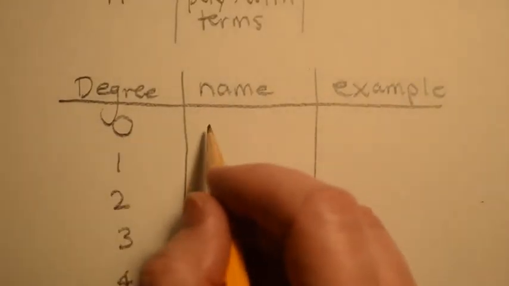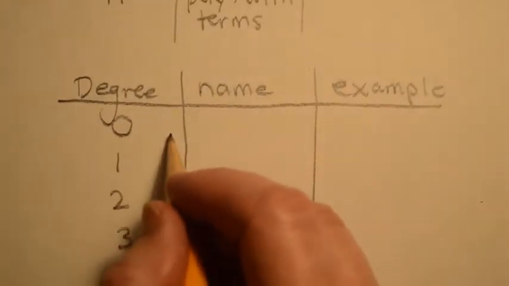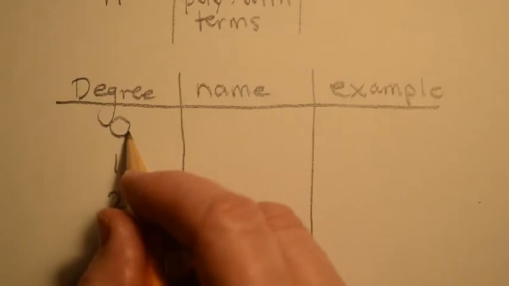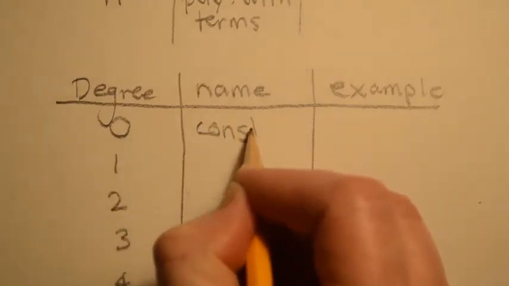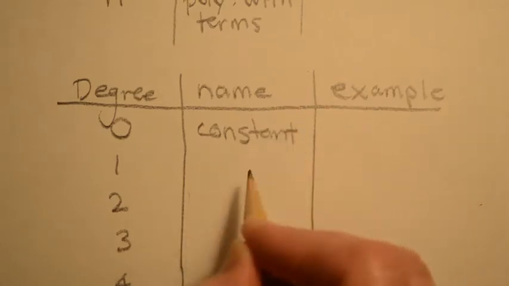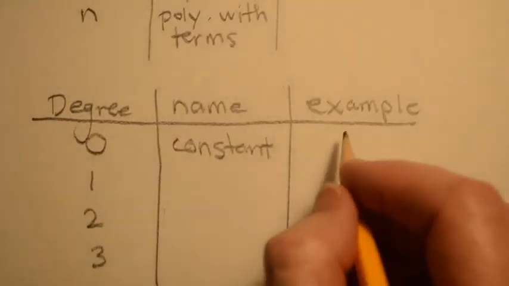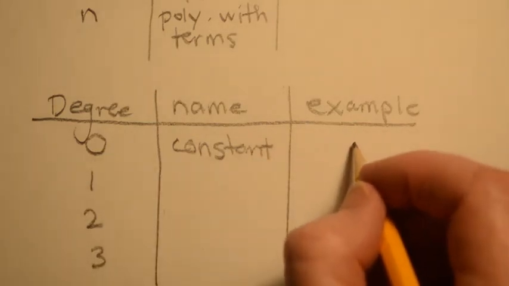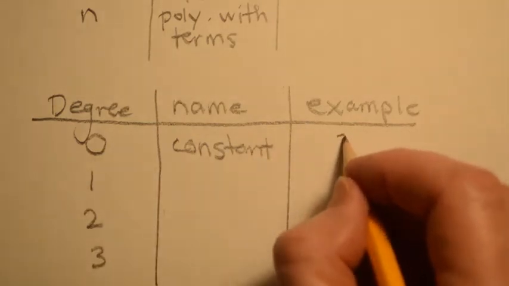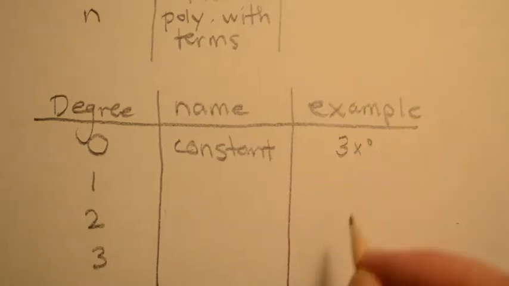All right, if the polynomial has 0 degree, that means the highest exponent is 0. That is just called a constant. And again, you should have seen that in the video that I just assigned before that. What it means is the highest exponent on any variable is 0. So let's say we had something like 3x to the 0.